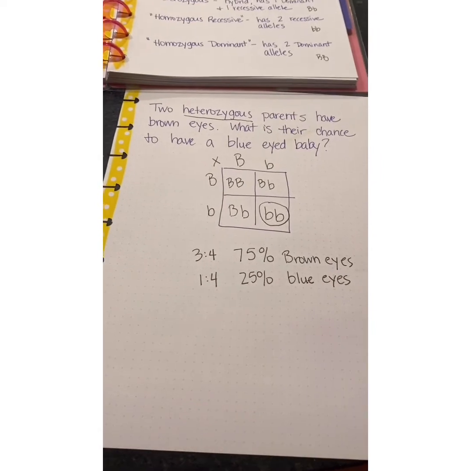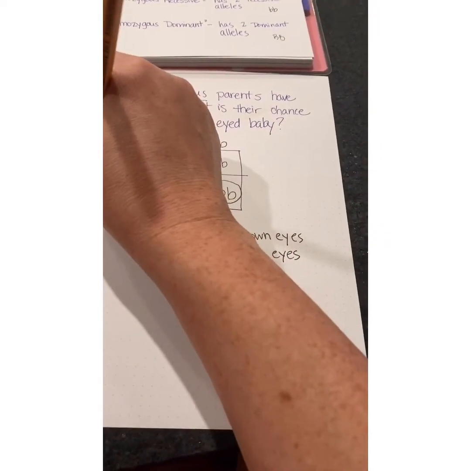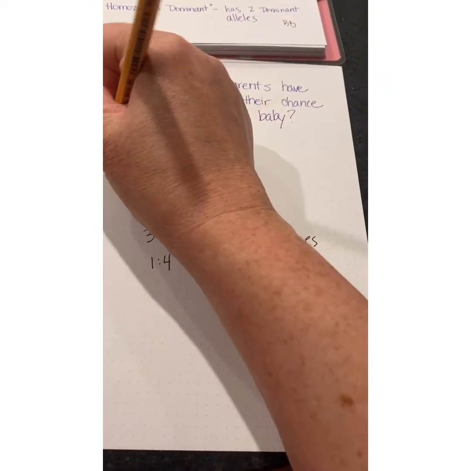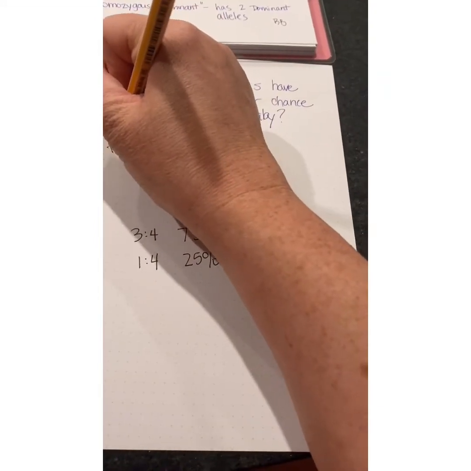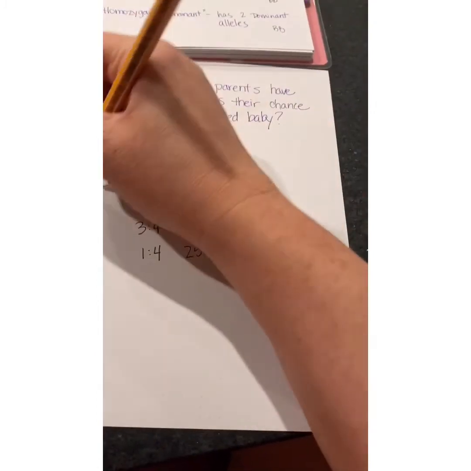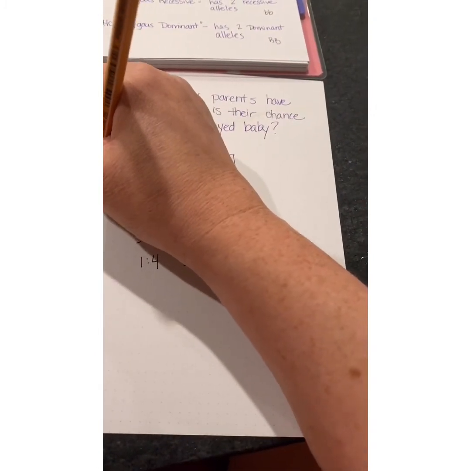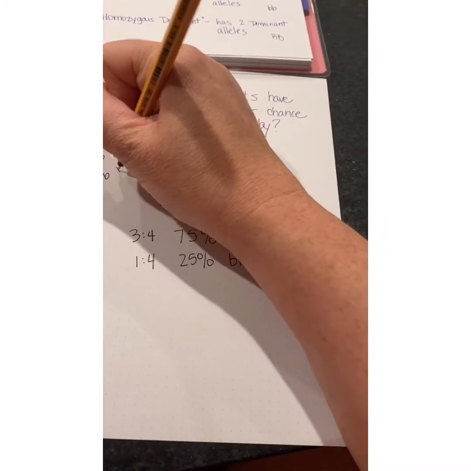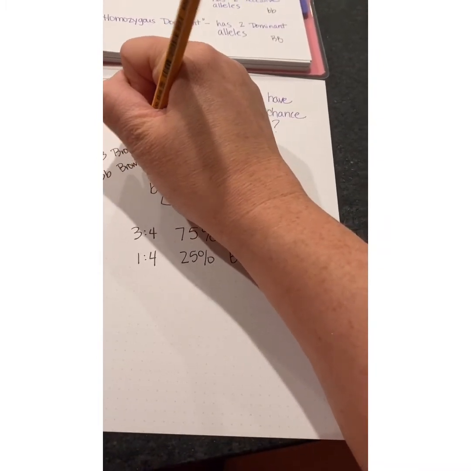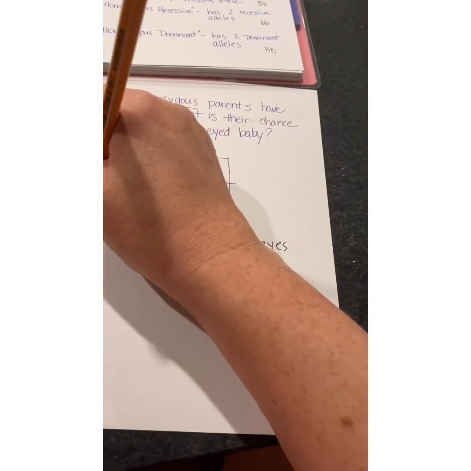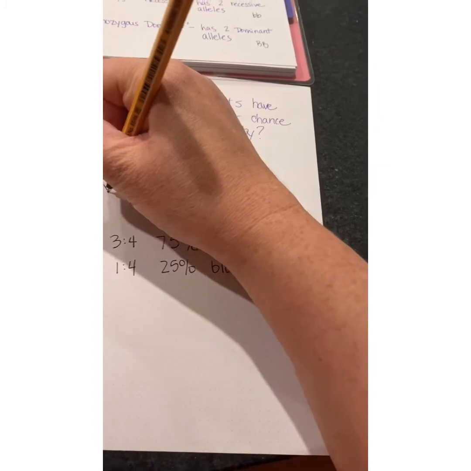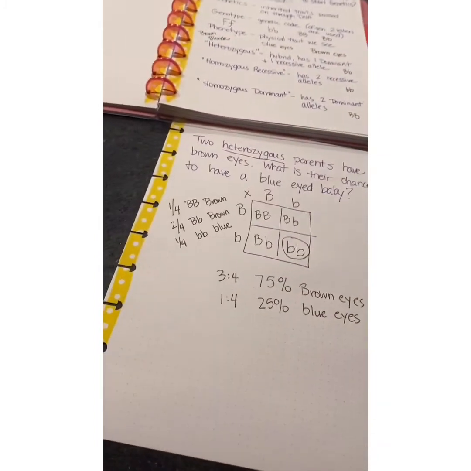Sometimes we get even more specific, and 1/4 of this data shows that they would be big B, have brown eyes. 2/4, 50% chance their kids would be brown eyes. And there is a 1/4 chance of small b, blue eyes.